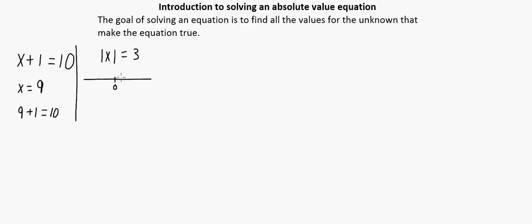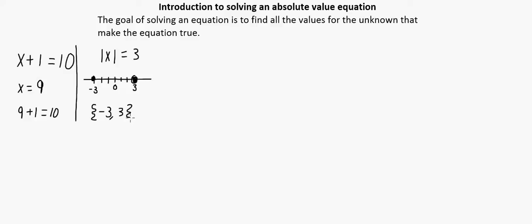If I go to the right 3, 1, 2, 3, I know I have the number 3. So this must be a solution of the equation. But again, we could also go to the left 3. Left 3 would put us at negative 3, and this would also be a solution of this equation. So I've reached the conclusion that the solution set, or the set of solutions, is negative 3 and 3.